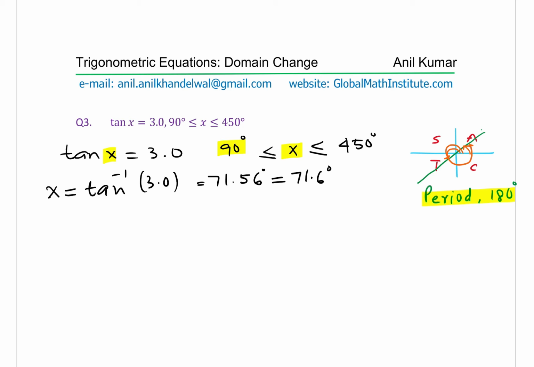So we have 71.6. We'll add 180 to it. Correct? So when you add 180, what do you get? So we have 71.6 and we are adding 180 to it, and we get 251.6.